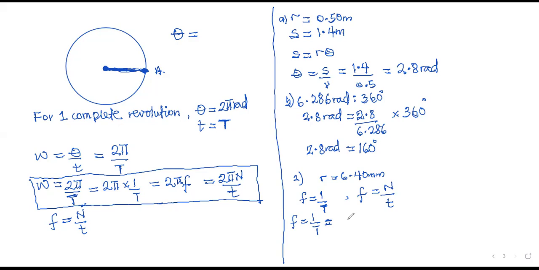Let's change 60 minutes to seconds. 3,600 seconds. So we have 1 divided by 3,600 seconds. So that will be the frequency. So divide 1 by 3,600. What is 1 divided by 3,600?